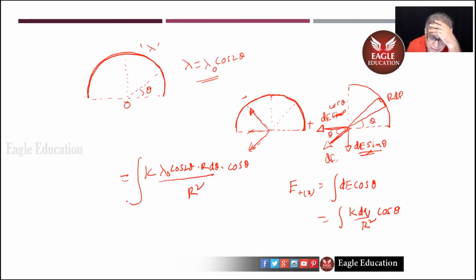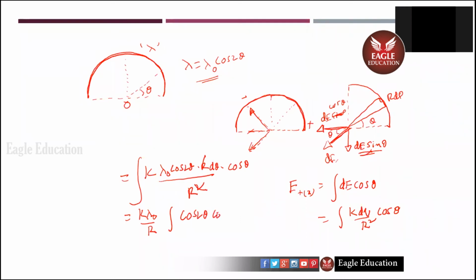Is everything correct calculation wise? Yes, sir. So when R goes, K lambda naught by R, what am I getting? Cos 2 theta, cos theta, d theta, from 0 to pi by 2.